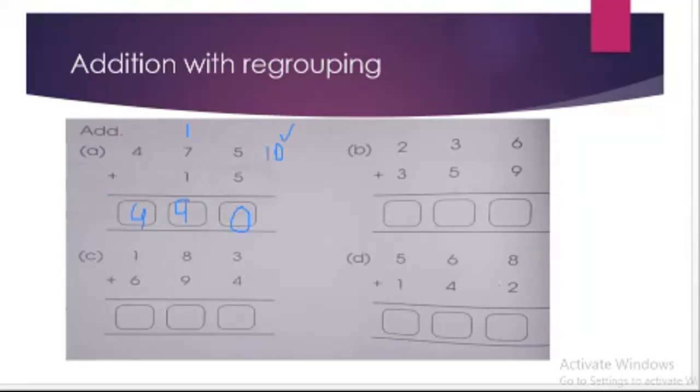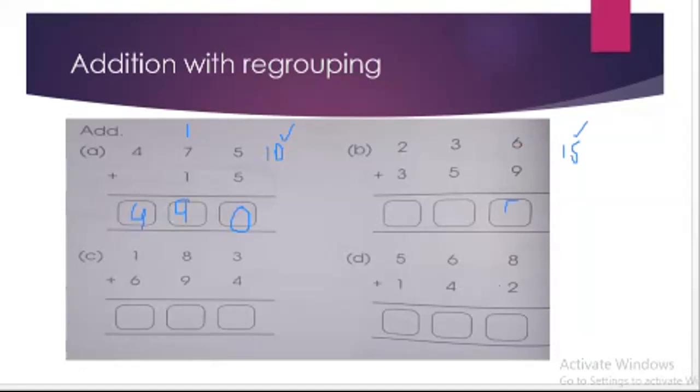Let's move on to the next one. I'm on question number B. That is 9 and 6 makes, the answer will be 15. Just write it down at this corner. I'm doing it for all of you, make sure that you are not going to carry on the wrong number.